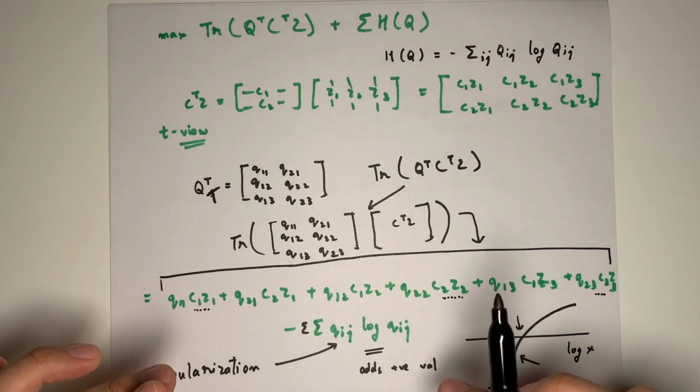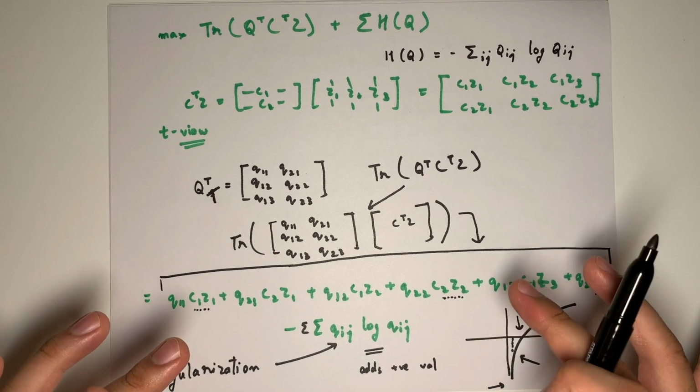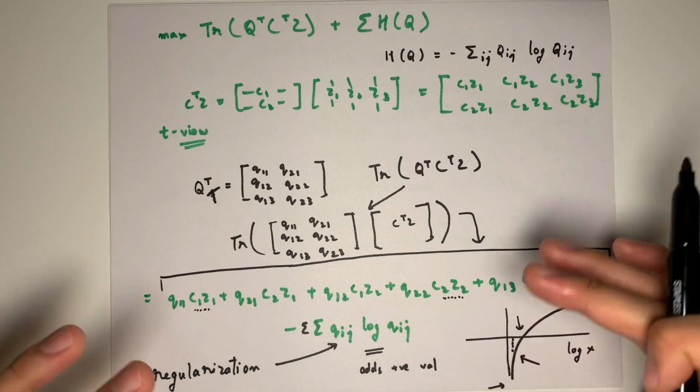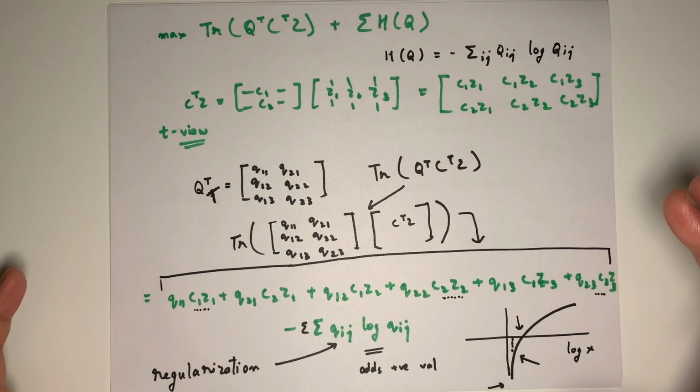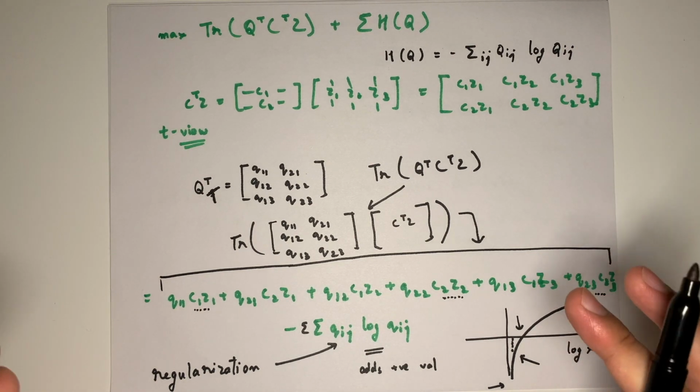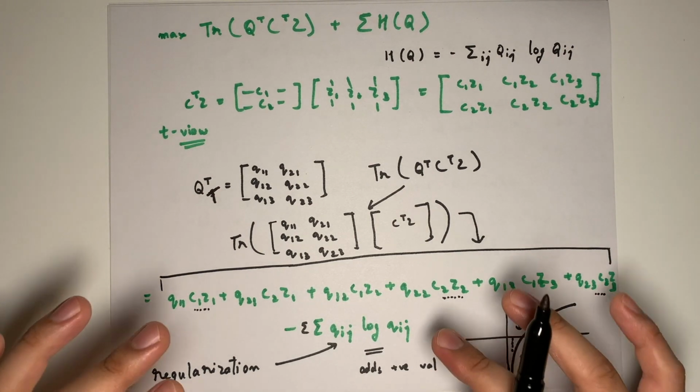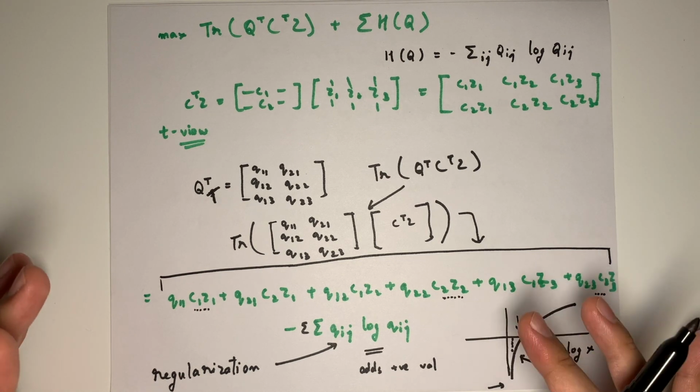And that's why this regularization term, or this entropy term, maximizes as each value of Q becomes more homogeneous in the Q matrix. So that's what the whole regularization term adds to this equation.